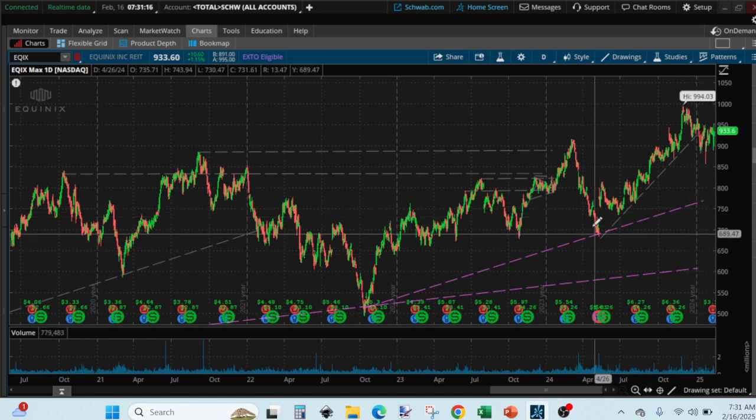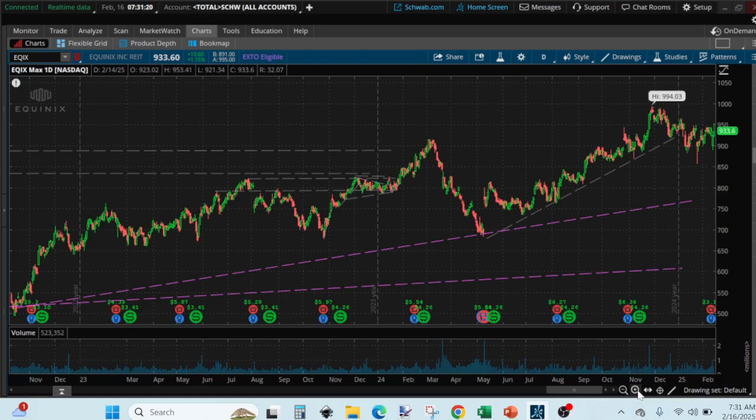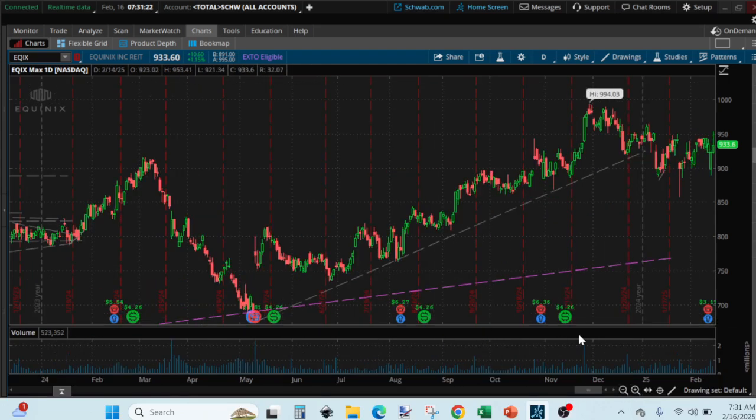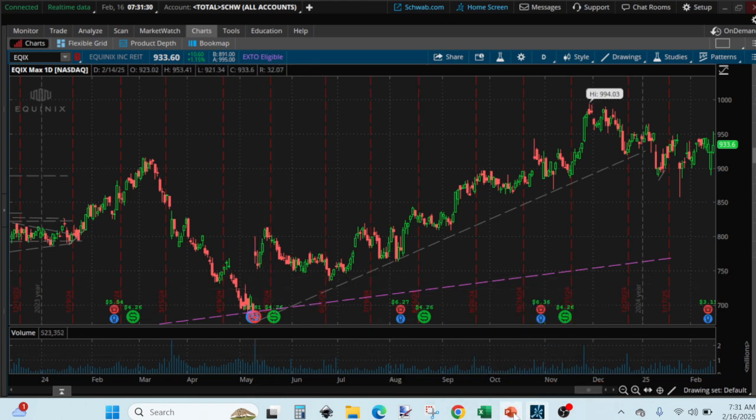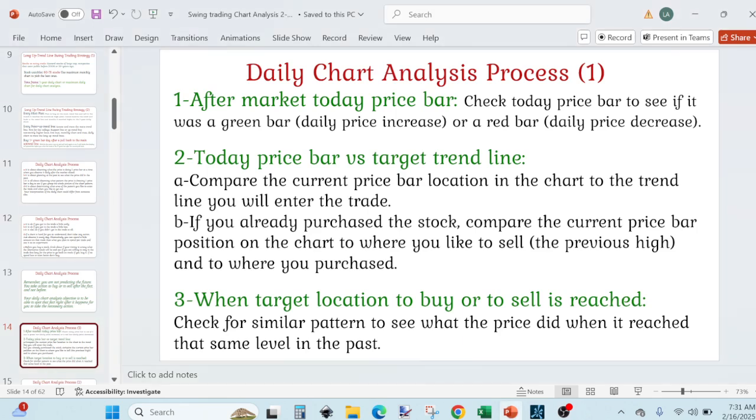For instance, let's say it reached that area, then you zoom to actually see what is going on there, and you start thinking about your strategies.